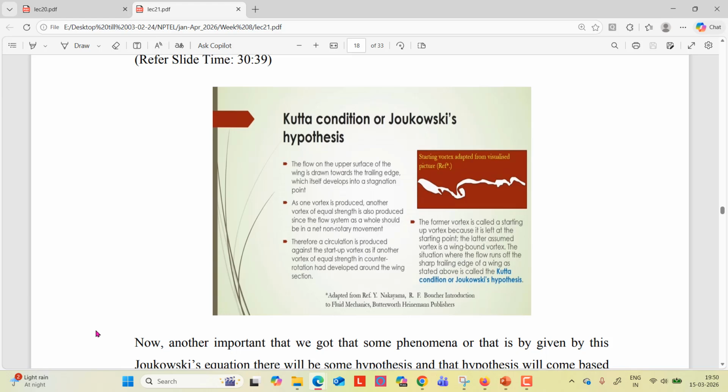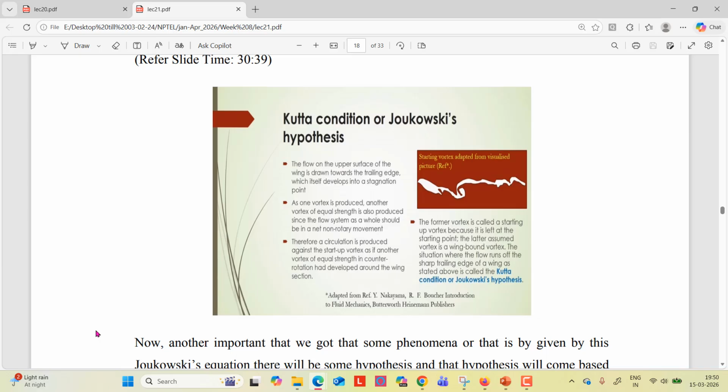Therefore, a circulation is produced against the startup vortex, as if another vortex of equal strength and counter-rotation had developed, because if one vortex is generated, another vortex of equal strength has to be generated to keep the flow in a non-rotatory movement, right?